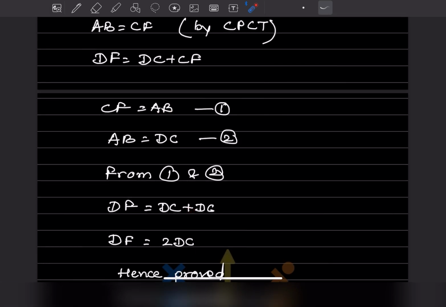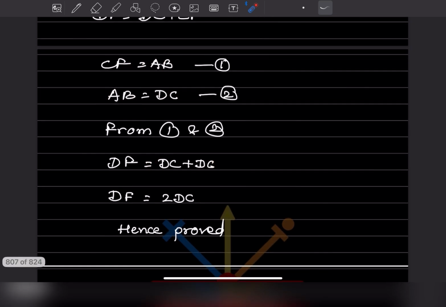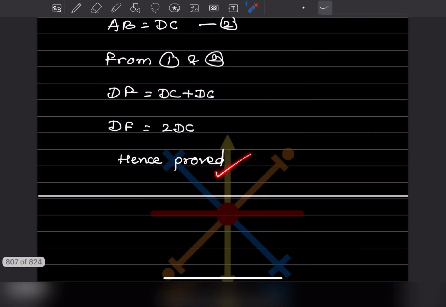DC stays as it is, and for CF, because CF is equal to AB and AB is equal to DC, in place of CF you are going to put DC. Hope this is clear. So we can write DF is equal to twice of DC. So that is proved.